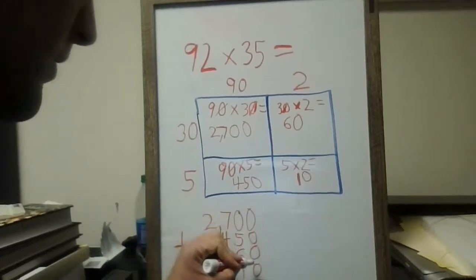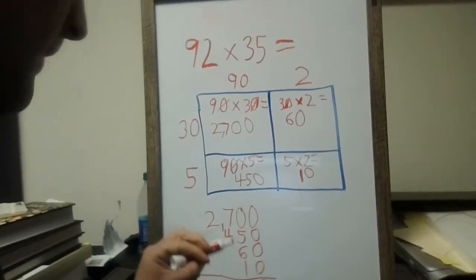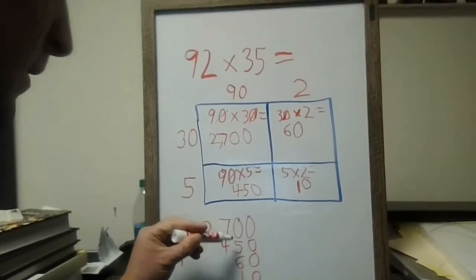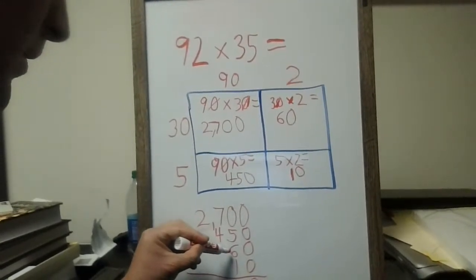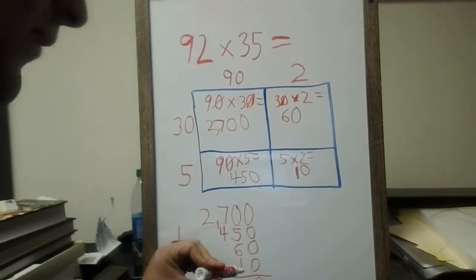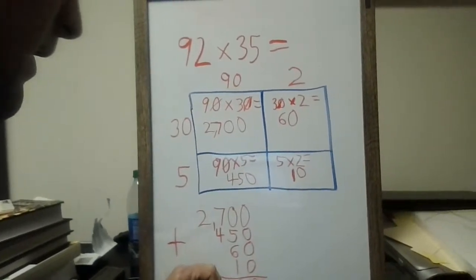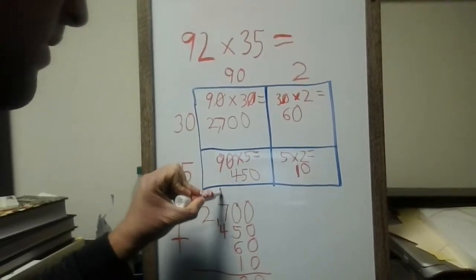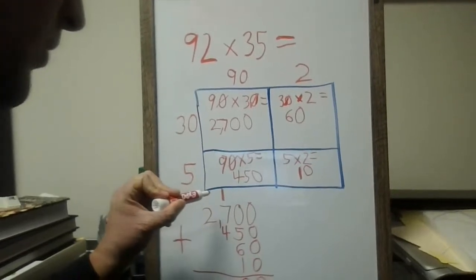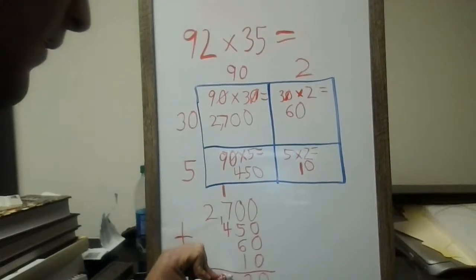All right. So 0 plus 0 plus 0 plus 0 equals 0. That's easy. 0 plus 5 is 5, plus 6 is 11, plus 1 is 12. Whenever our sum is 10 or more, we have to regroup. So the 2 is going to be in the tens place. The 1 we're going to carry over to the hundreds place. 1 plus 7 equals 8, plus 4 equals 12 again.